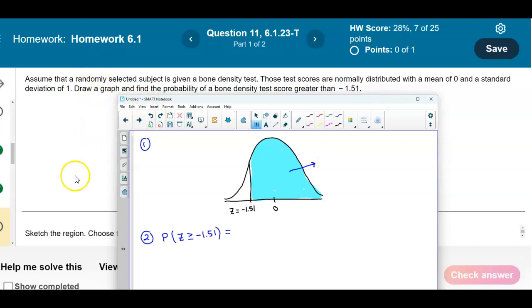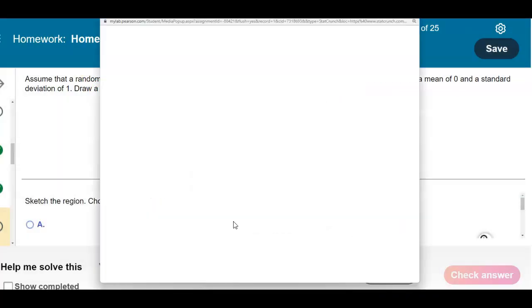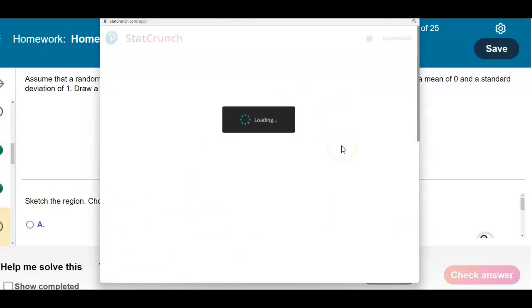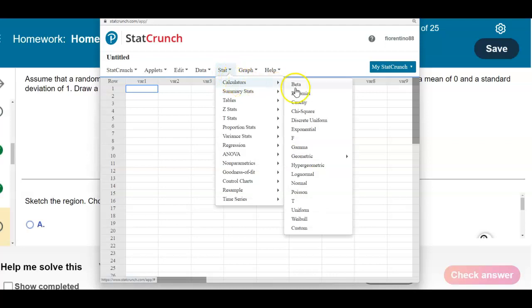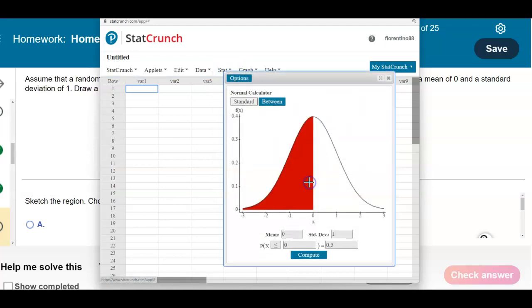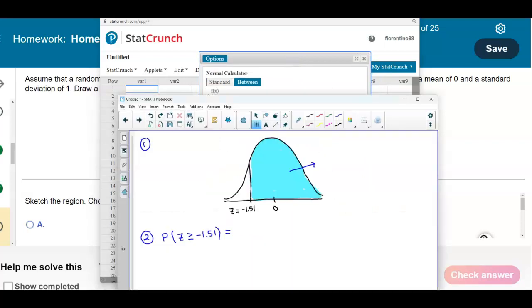Alright, so let's go ahead and use StatCrunch. We're going to go to Stat, select Calculators, and then scroll all the way down to Normal. We want to make sure that we're looking for the area to the right of the z-score of negative 1.51.